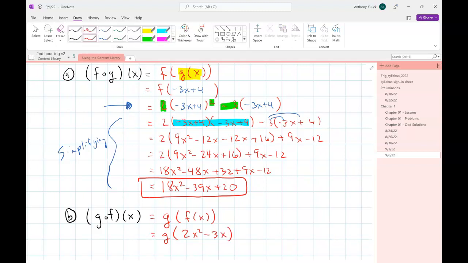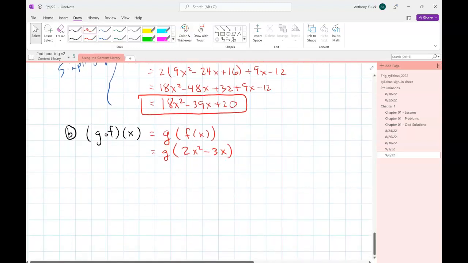Okay. So we're doing g of f of x. f of x is 2x squared minus 3x. And then if I look at g, that was negative 3x plus 4. And what we're plugging in for x is f of x. So our composition is now done. What do we still need to do?